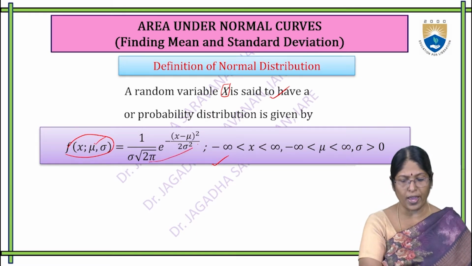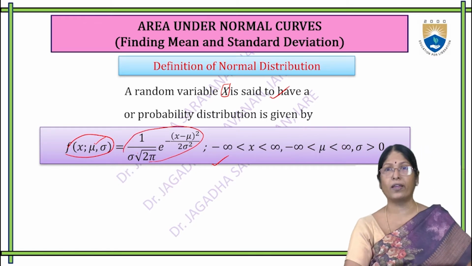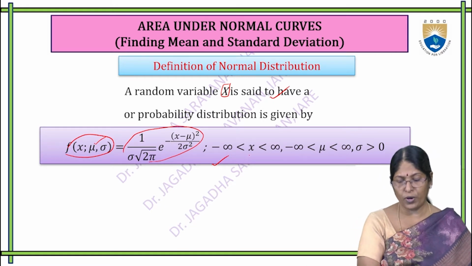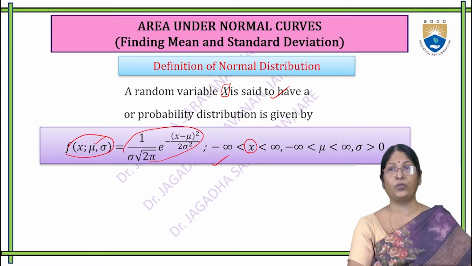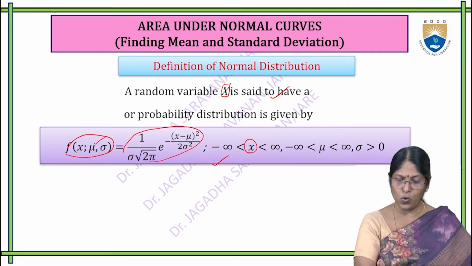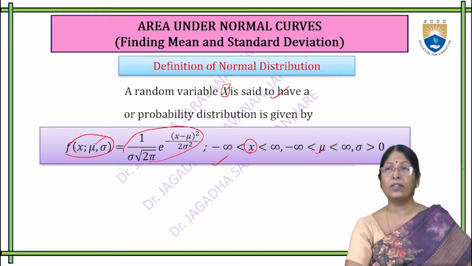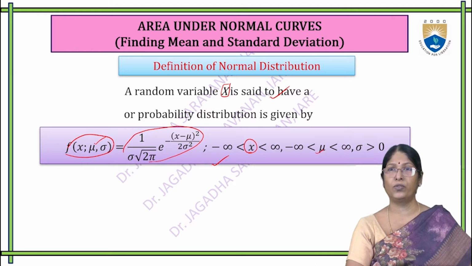The formula is 1 by sigma square root of 2 pi e power minus of x minus mu the whole square divided by 2 sigma square. Here x lies between minus infinity to infinity, mu also is from minus infinity to infinity, and sigma is greater than 0.